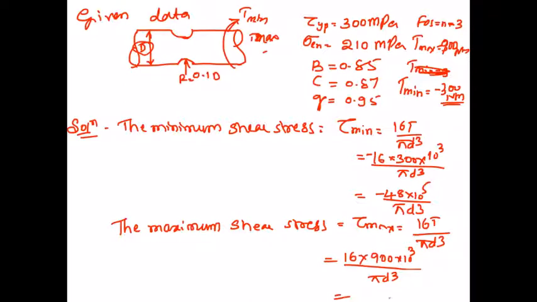Calculating, I think it is 144 into 10 to the power of 5 divided by pi d cube.